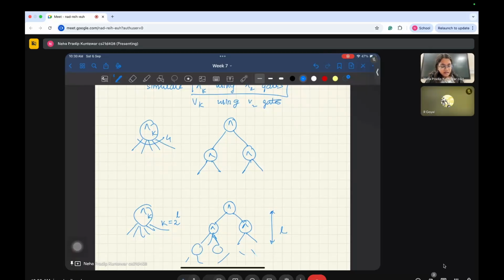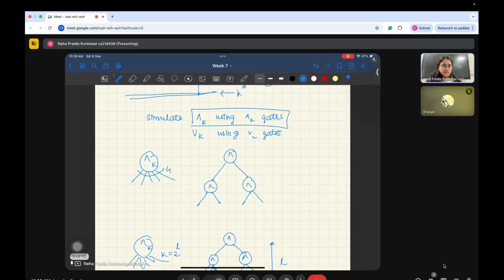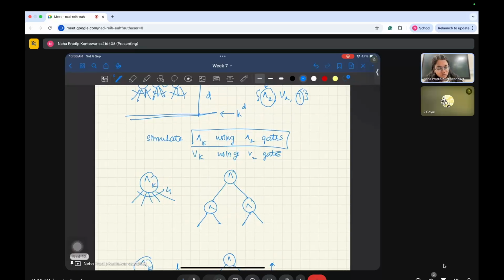Now we want to argue that they are computing the same function. This function is going to be 1 if and only if both inputs are 1, which happens only if all the inputs here are 1. I'll call these wires w1, w2, w3, w4.